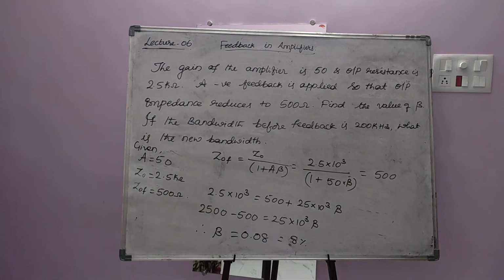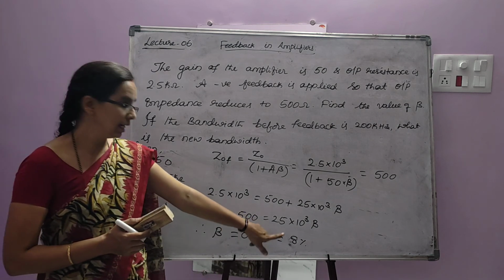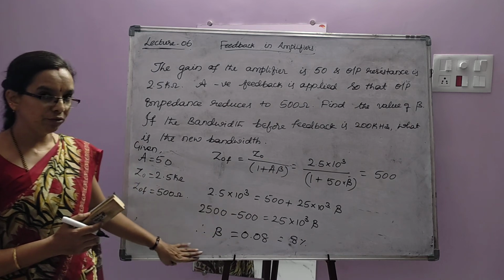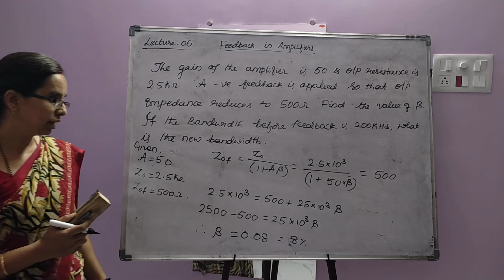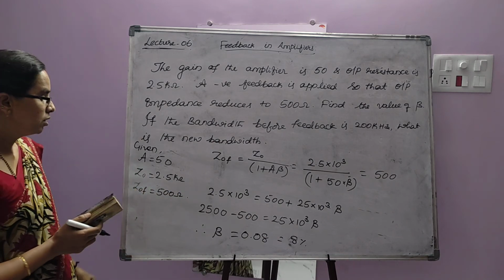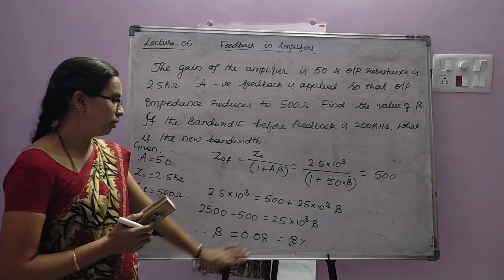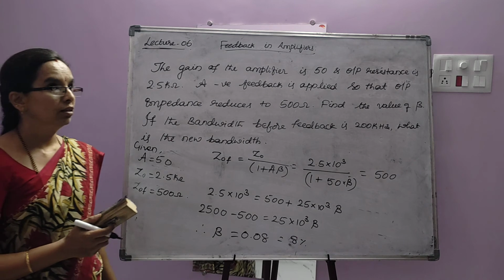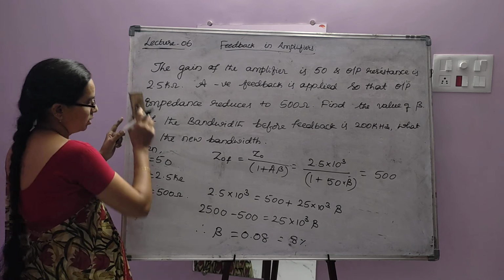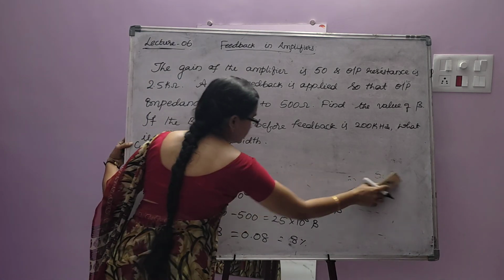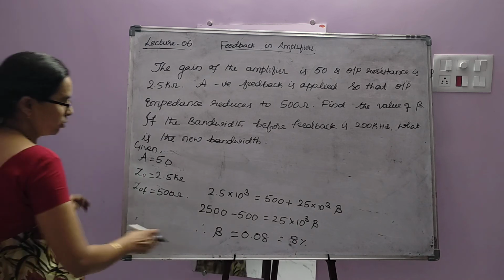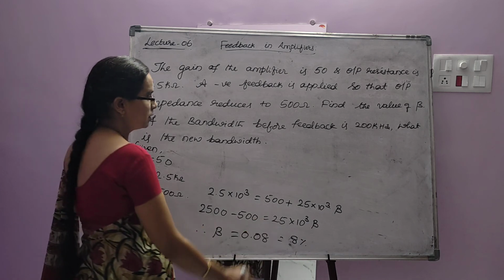So beta we have got; simplify using calculator, 2500 minus 500 will be 2000 divided by 25, which is 0.08, and 8% you can write.